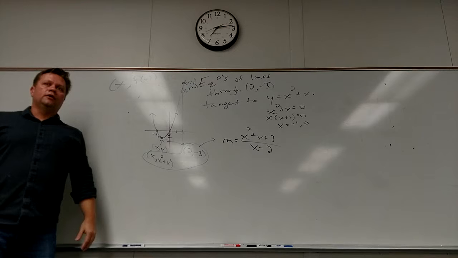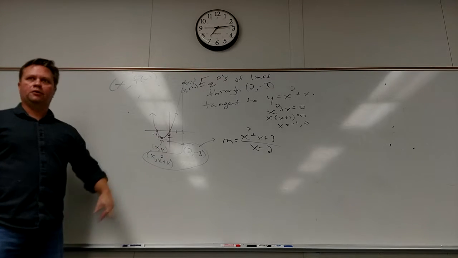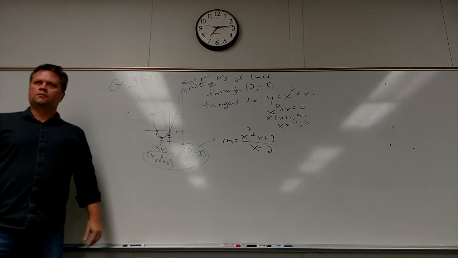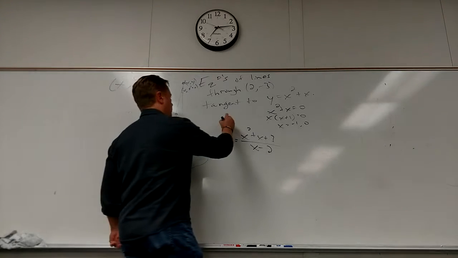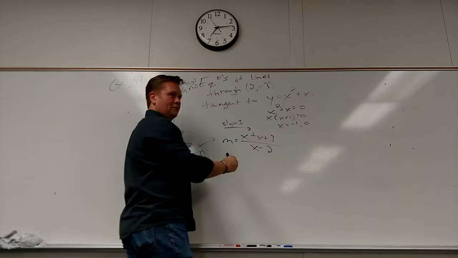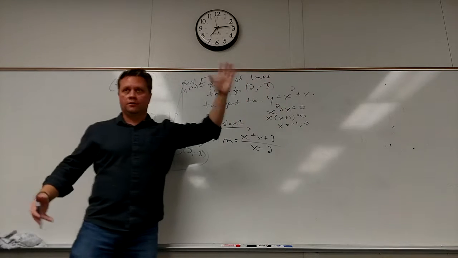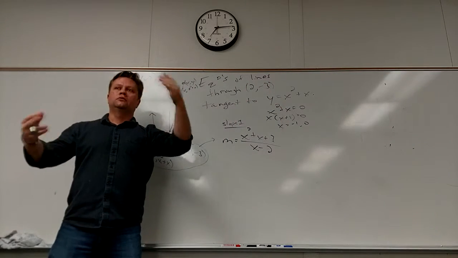What's the other way that we know now to get the slope of this parabola at any point? Here's one way to get the slope. What's the other way to get the slope of that parabola at any point? I take the derivative. I like it.